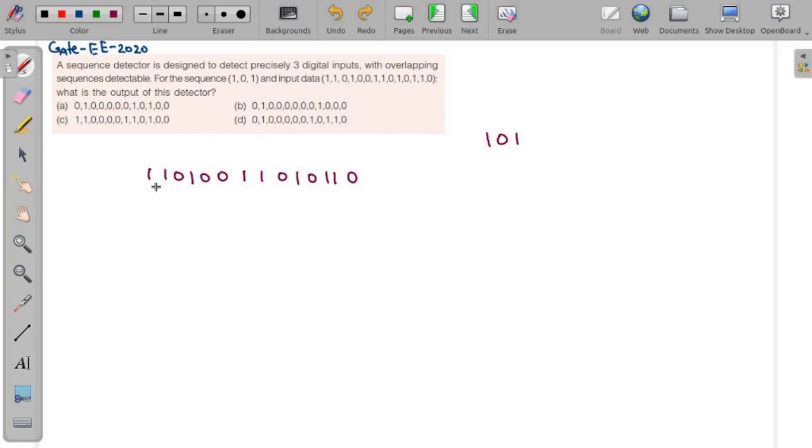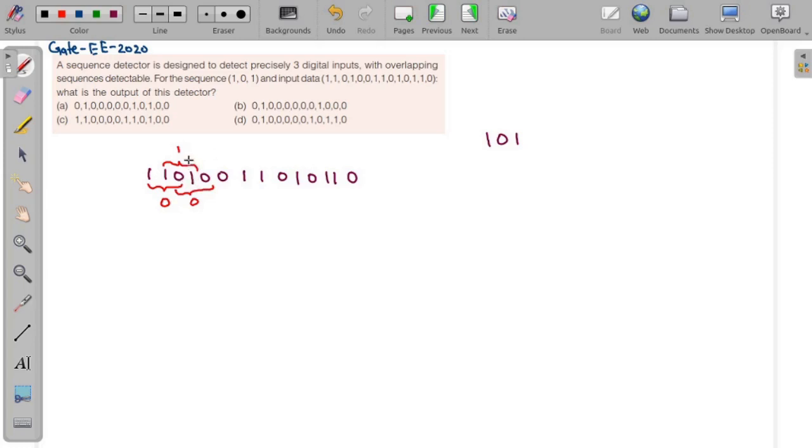If I was sitting in the exam, this is how I would have done it. First I will take these 3 numbers. This is not the same sequence, so the output will be 0. Next, we have the same sequence, so the output will be 1. Now the sequence is not the same, so 0.